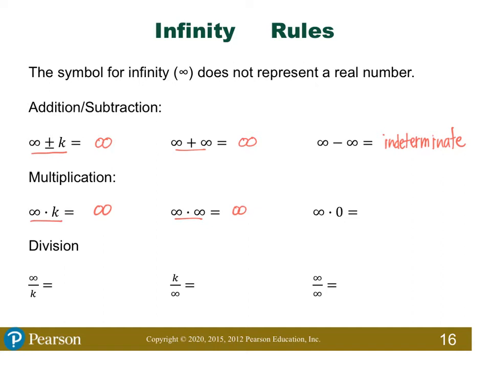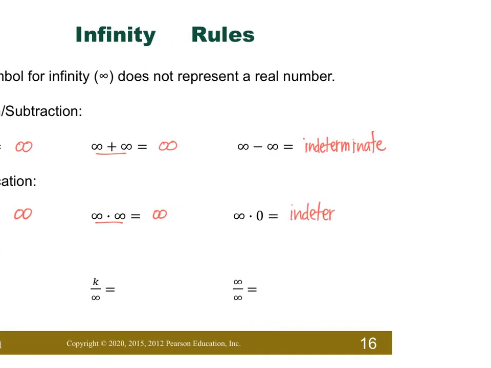One rule is anything times 0 will always be 0. The other rule is anything times infinity will always be infinity. Well, now you've got a problem because you have infinity times 0. So which rule is it? Is it the 0 rule? Is it the infinity rule? Well, it's indeterminate. You can't decide which rule takes over here.